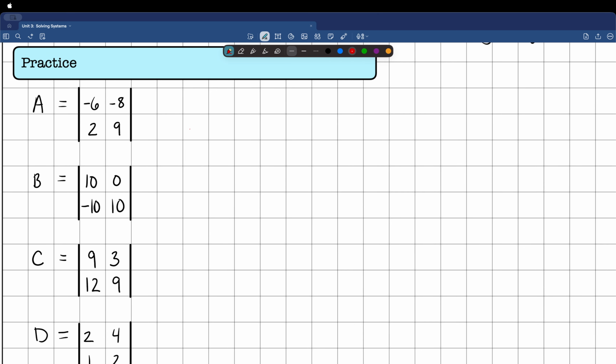A is equal to -6, -8, 2, 9. So the determinant of A, let's do this in purple here. The determinant of A is the cross product of -6 times 9 minus the cross product of 2 times -8.